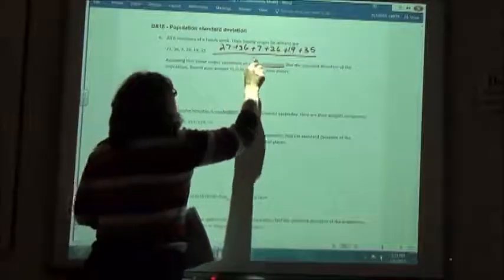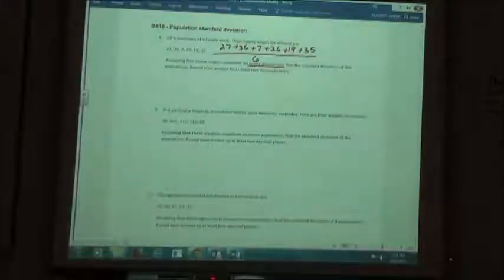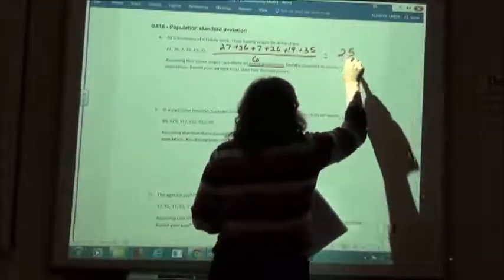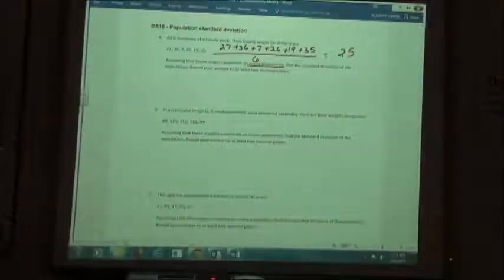Once we get that total, we're going to divide that by 6. What would be my mean? 25. If you add all those numbers together, you get 150. If I take 150 divided by 6, I'm going to have 25.